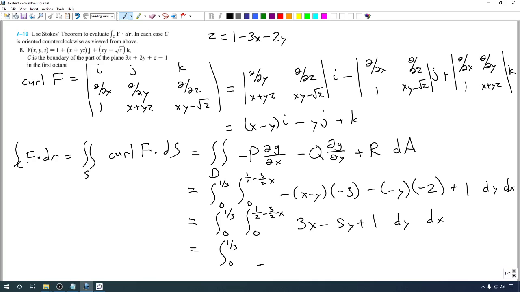So the integral of this with respect to y, because that's what we're doing first, we have 3xy minus 5/2 y squared plus y from 0 to 1/2 minus 3/2 x. We need to go ahead and plug that in. So we'll have 3x times 1/2 minus 3/2 x.